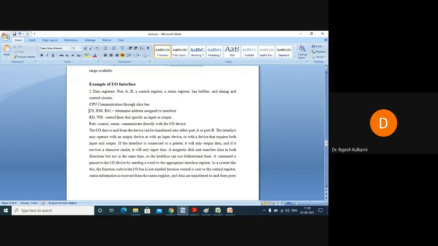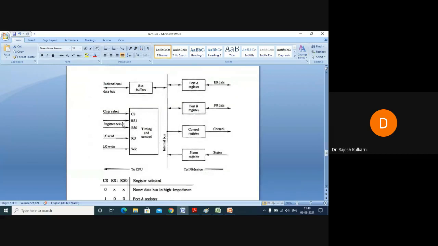If you look at the chip select and RS0 and RS1, they are used to determine the addresses assigned to the interface. This is your chip select, this is register select 1, register select 0. Together these three will determine the address assigned to the interface unit. It means the interface unit will be decoding that address.